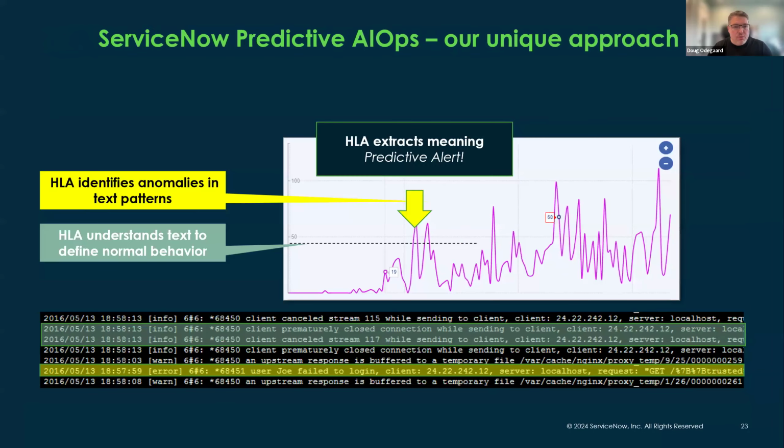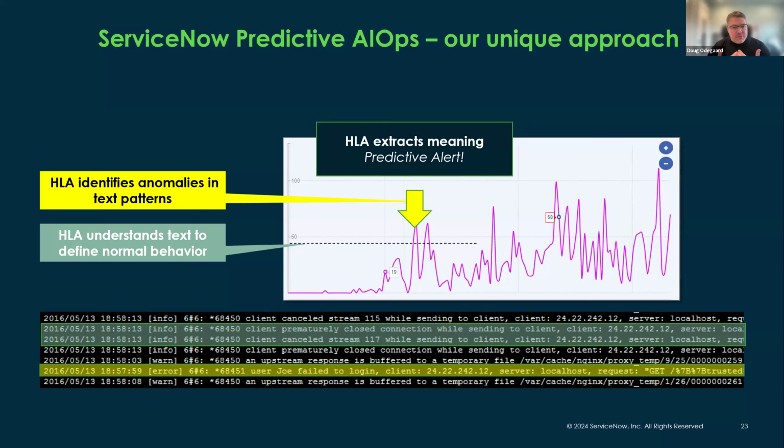As we move through, HLA is really looking for those patterns. It is identifying anomalies within those. And it understands the text to define what's normal and what's not. And the graph that's here illustrates where, gosh, HLA actually started predicting this way before it became a really big problem toward the right-hand side of the graph.